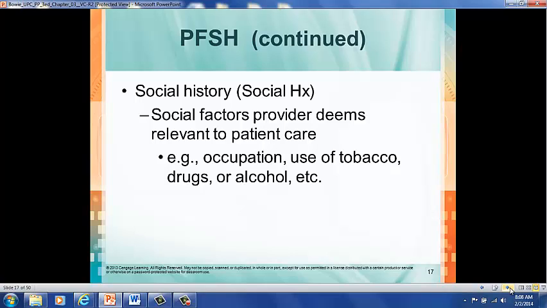A complete PFSH is the review of two or all three of the past, family, and/or social history areas. The definition of a complete PFSH is dependent on the category of E&M service.